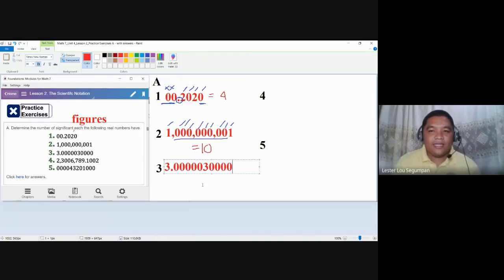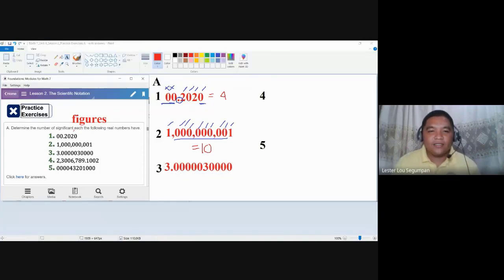Again, the non-zero digits are counted as significant. Any zero digits between the non-zero digits, just this 5, are also significant.